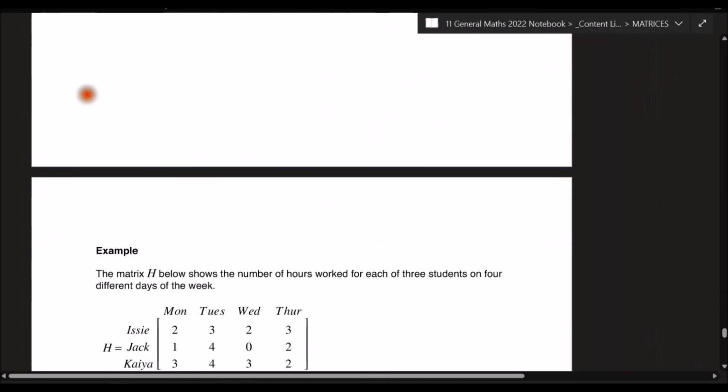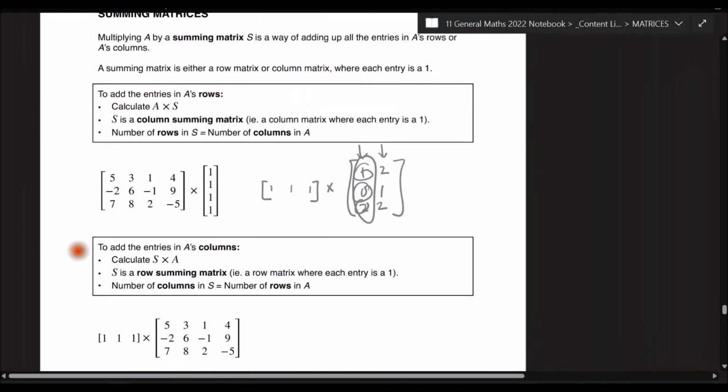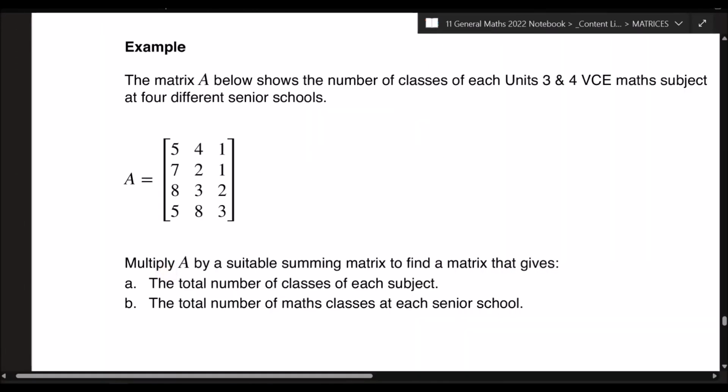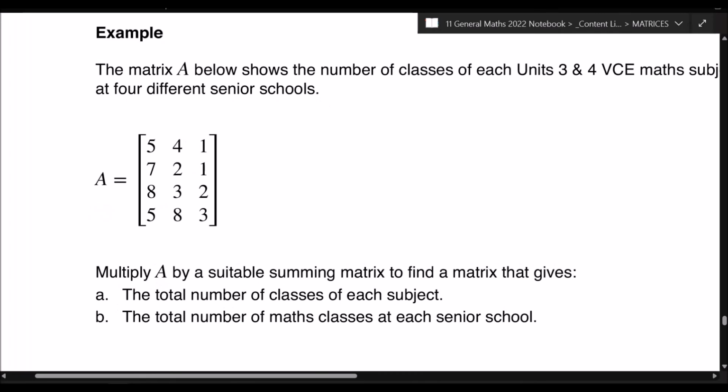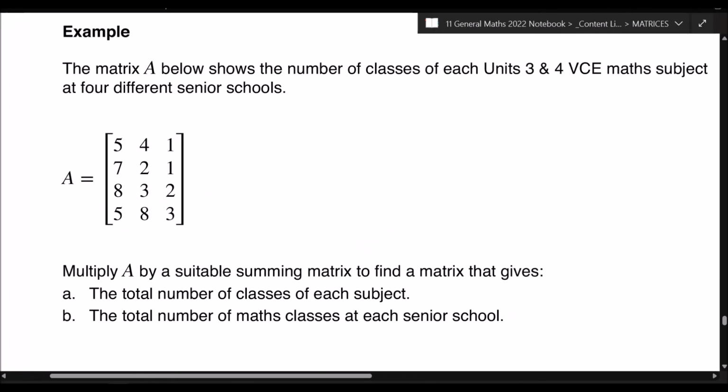So what I'll do is I might get you guys to work now, and then we'll go from there. If you're following along, please follow along with me. In this example, let's look at the context. You've got the schools and the number of classes in each of the math subjects that they do have, 4 different schools.